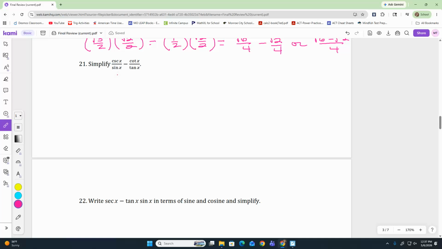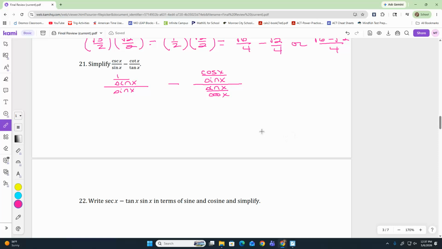Cosecant is, cotangent is cosine over sine, and tangent is. You have to know those ratios, and I think everybody does at this point. But if you don't or you're having any trouble, please let me know.